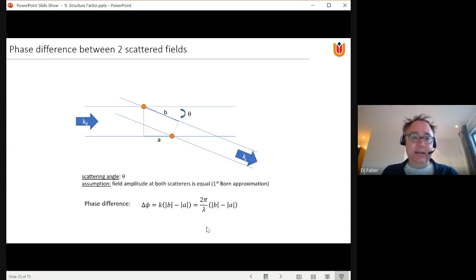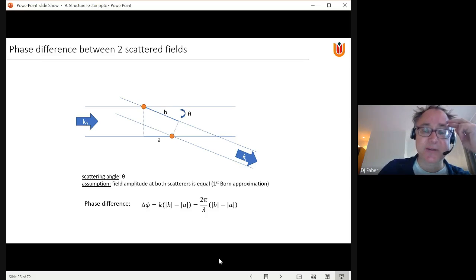Okay, so now let's see if we can find an expression for the phase difference between two scattered fields. This is going to be the situation. I'm going to rotate this figure a little bit later on, but just to quickly outline the arguments: we have two particles here, these are the orange dots.